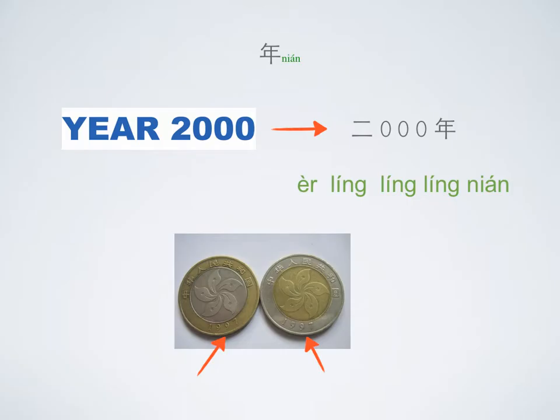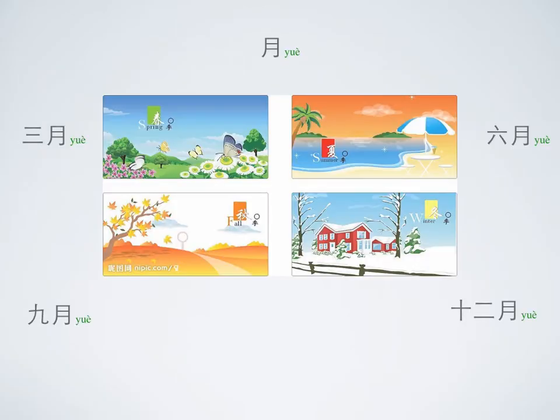Okay? Go on, let's have a look at the months. 月 means month. Okay, we have learned 月 means the moon. So 月 also means the month. It's very easy. Same as year, you just put number plus 月 to represent the months. So spring is 3月, the third month of the year, March, okay?